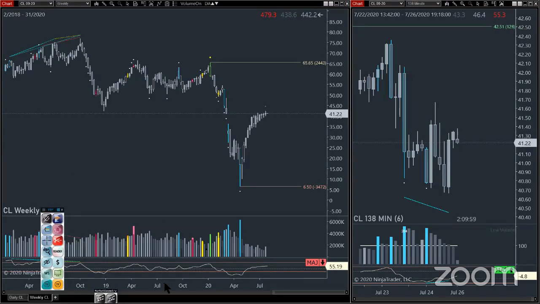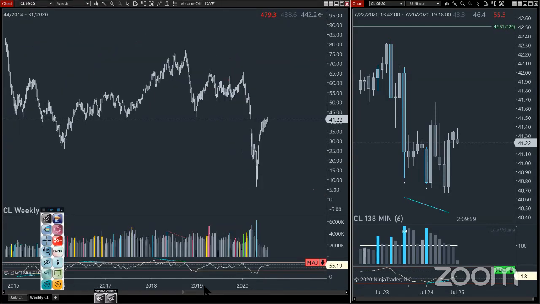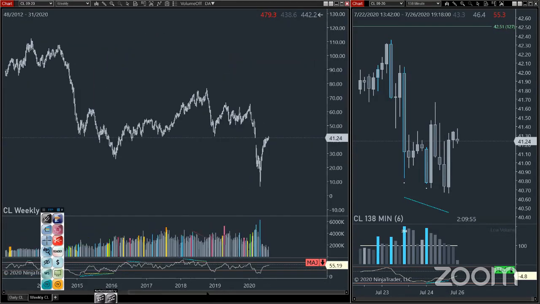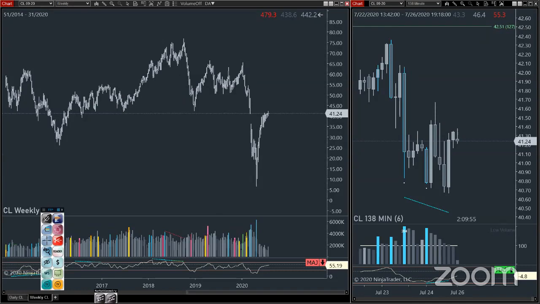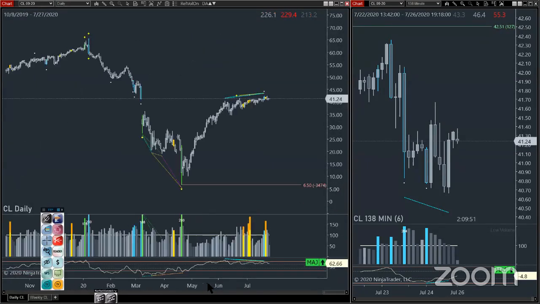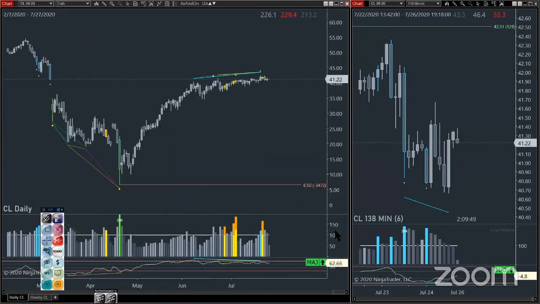All right, so what I'm going to do in preparation for tomorrow, we're going to start the trading room back up tomorrow. I'm going to run through crude. I'm just going to do the main 3 higher time frames. We're using a 138-minute chart. It's for the futures. It basically divides the day into 10 bars.